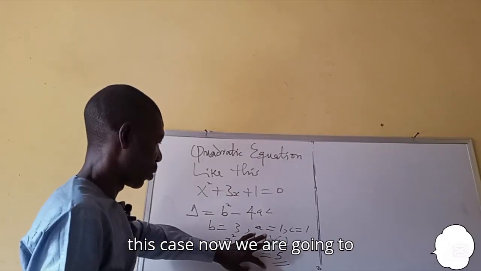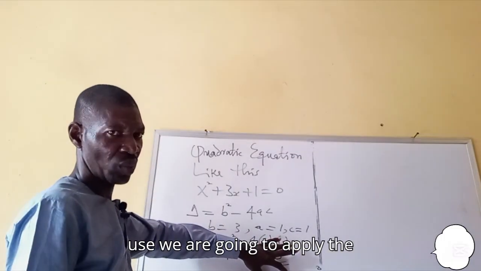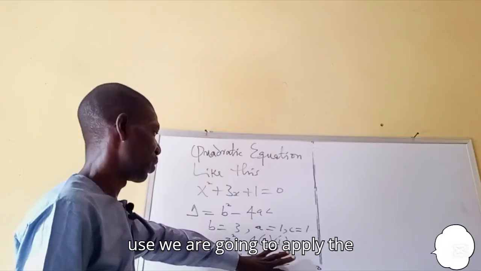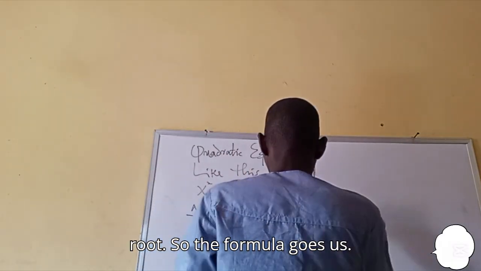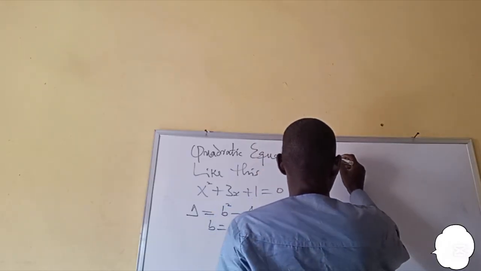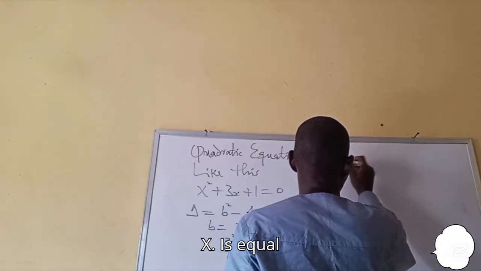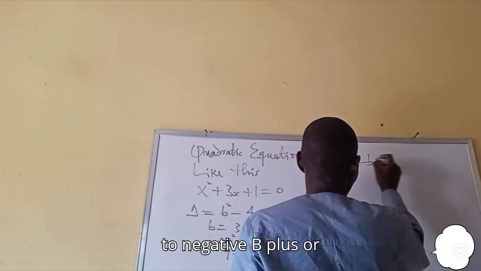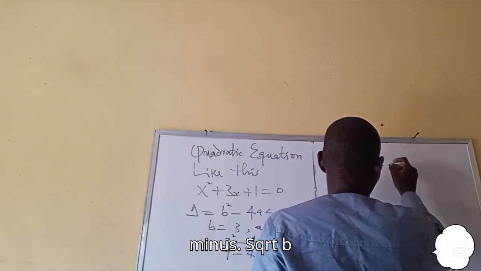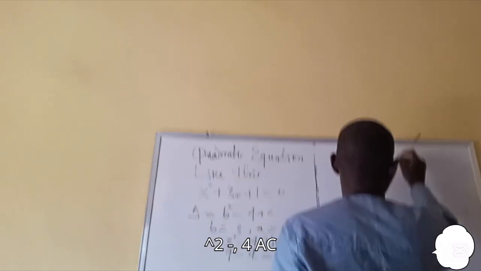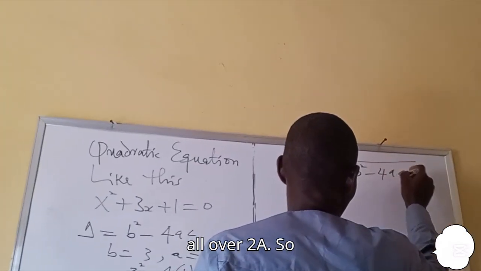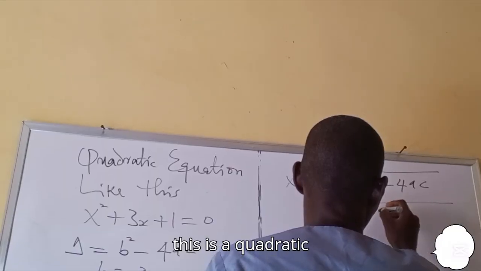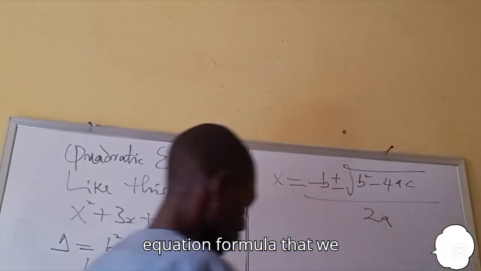So in this case, we are going to apply the quadratic equation formula to get our roots. The formula goes thus: x is equal to negative b plus or minus square root of b squared minus 4ac, all over 2a.